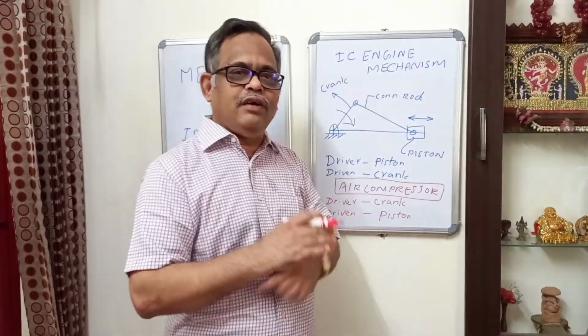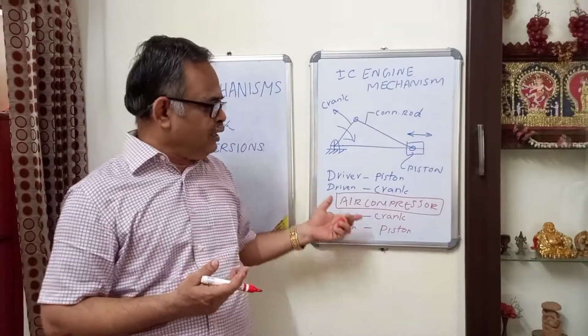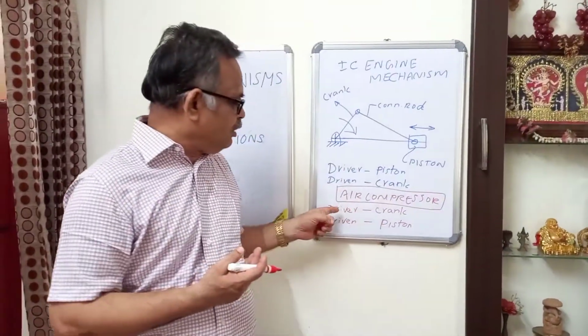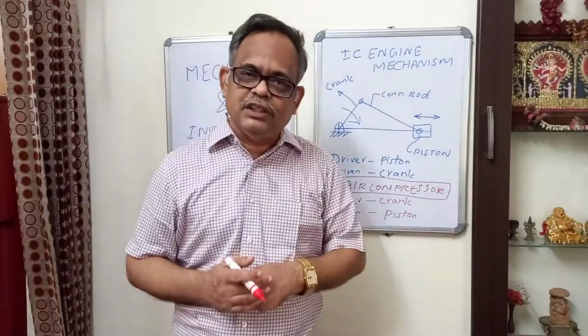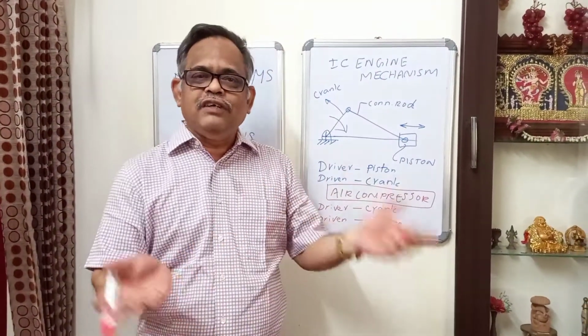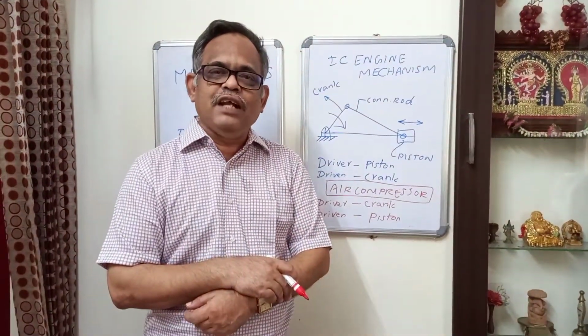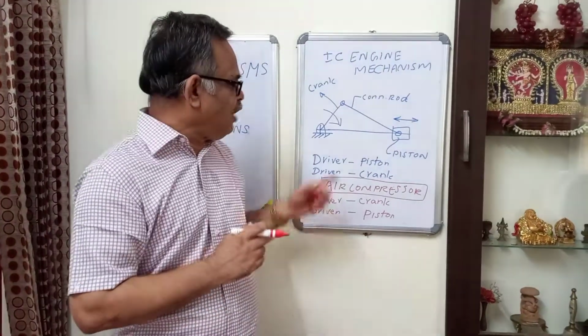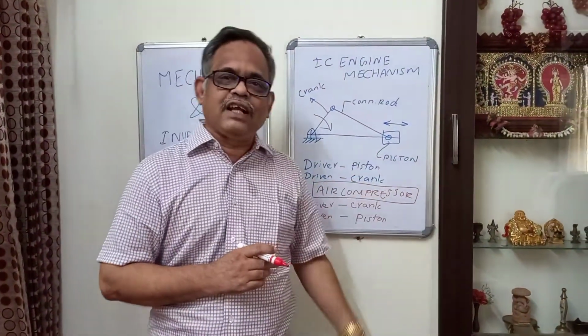You think of any mechanism. In the case of air compressor mechanism, driver is crank and driven is piston. You just invert it, and the inversion of this mechanism is nothing but IC engine, where the driver is piston and the driven is crank.